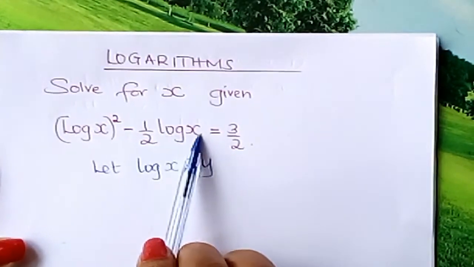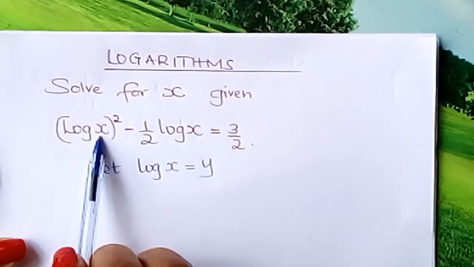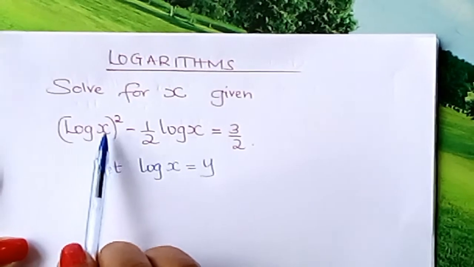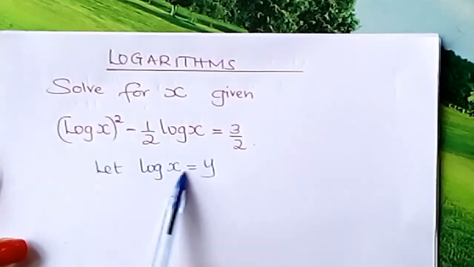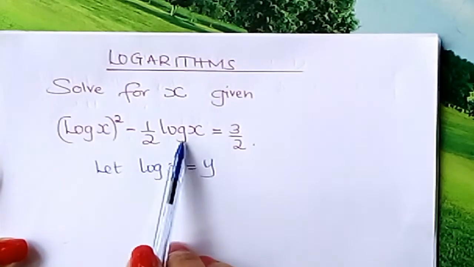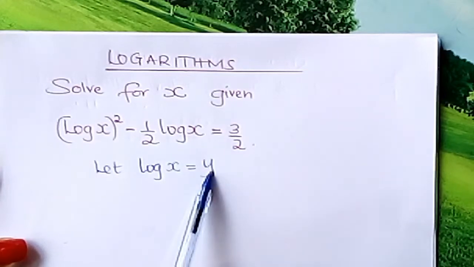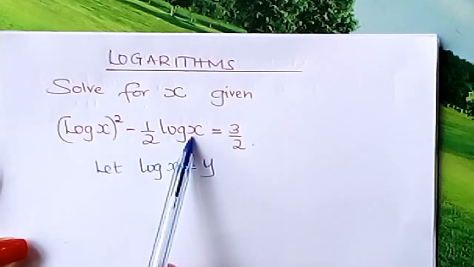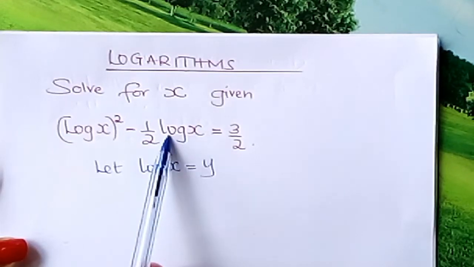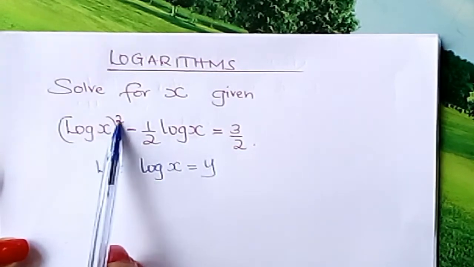When this is log x, and in the first term log x, the whole of it is squared, then this is the approach. Let log x be y. And therefore, this will be y here, coming to substitute y here, and this will be y squared.